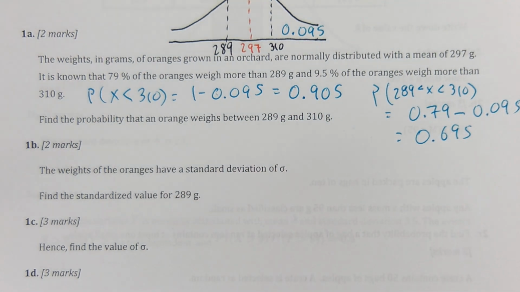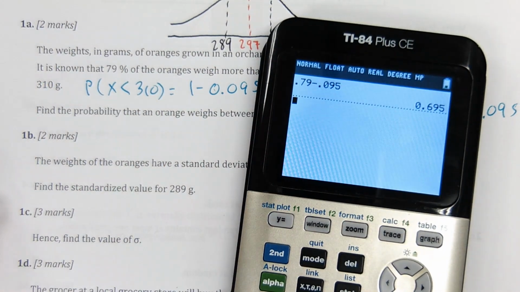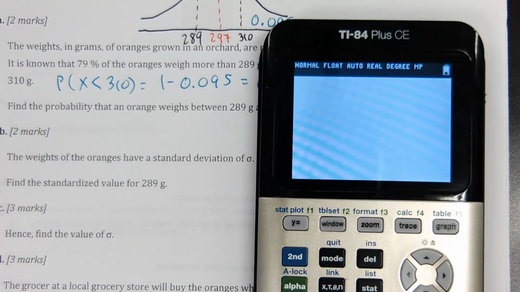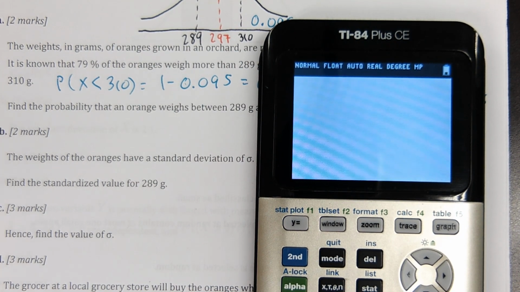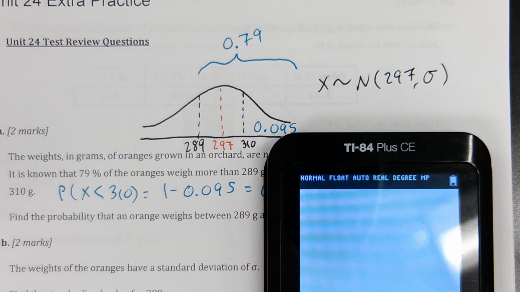Oh, okay. Gotcha. When we do normal CDF, we never use normal PDF. When we do normal CDF, what this thing is giving to us is a probability, an area under the curve. We know some areas under the curve, don't we? Yes.